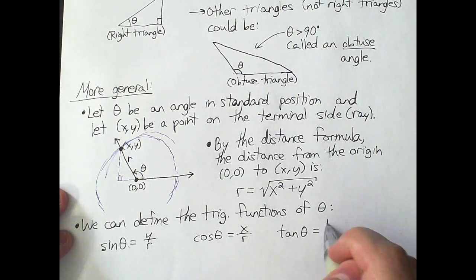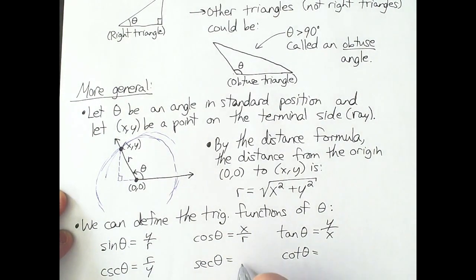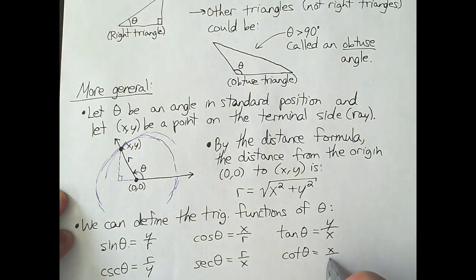Tangent is still y over x, and the other ones are still the reciprocals of these first 3. So we could say cosecant is r over y, secant of theta is r over x, and cotangent is x over y.